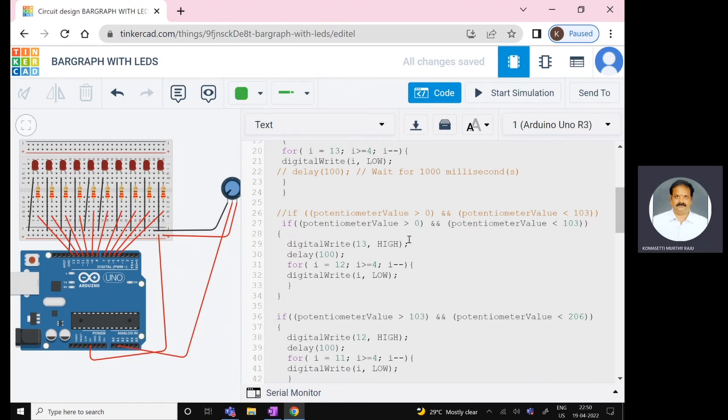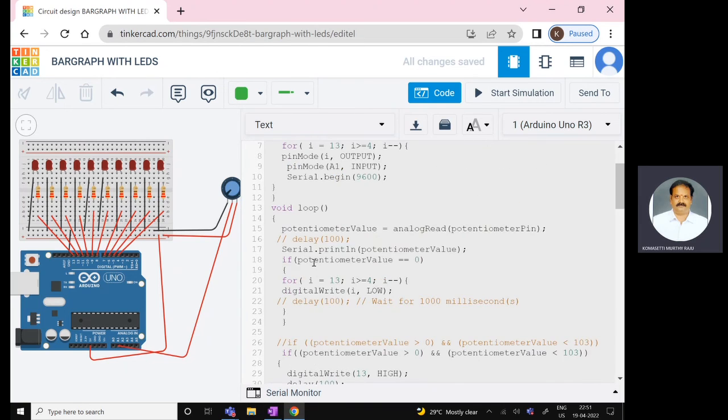If the potentiometer value is greater than 0 and less than 103, by rotating this wiper the values change. See how the values change in the serial monitor with the help of Serial.println of the potentiometer value. With this statement, we monitor these values.